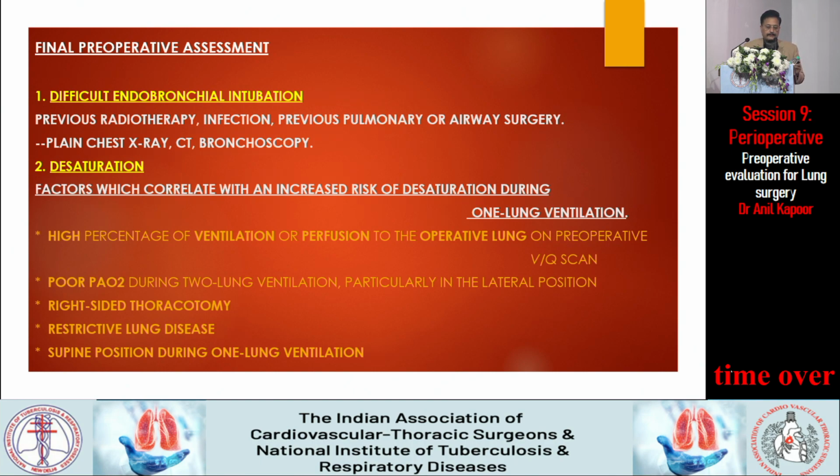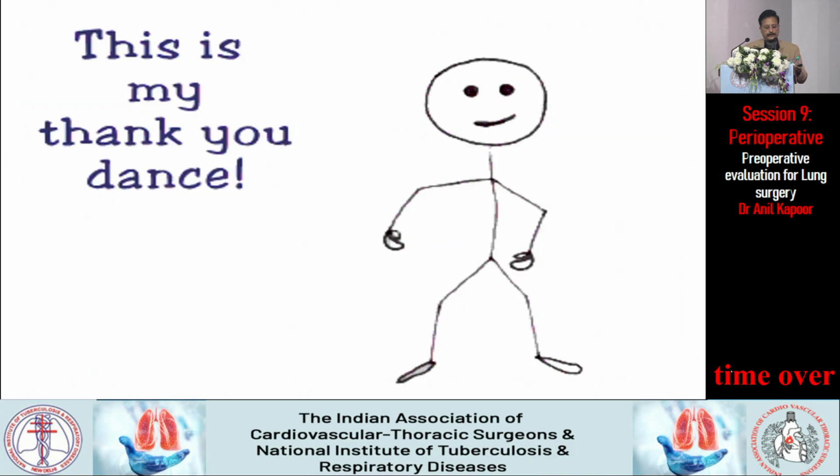So high percentage of ventilation on VQ scan or perfusion on the operative lung, or poor PaO2 on two-lung ventilation, especially if you measure it in a lateral position, right-sided thoracotomy, restrictive lung disease, and supine position during surgery. They all are factors which can desaturate the patient during anesthesia.